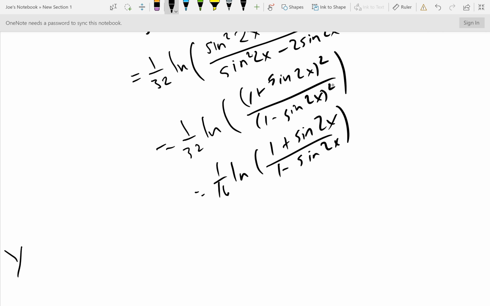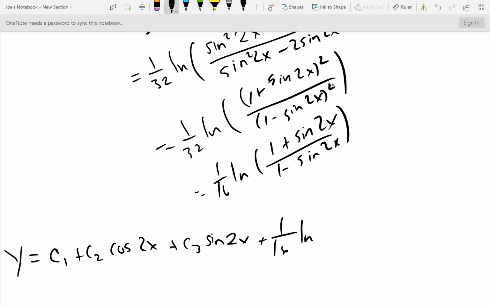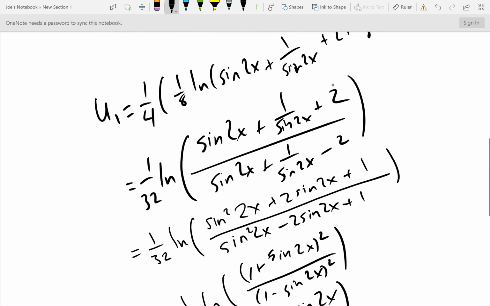So going back to the original part, our y would be c1 plus c2 cosine 2x plus c3 sine 2x. That was our complementary solution. And then we would have our u1 times 1, which is the natural log of 1 plus sine 2x over 1 minus sine 2x times that 1/16 out in front.